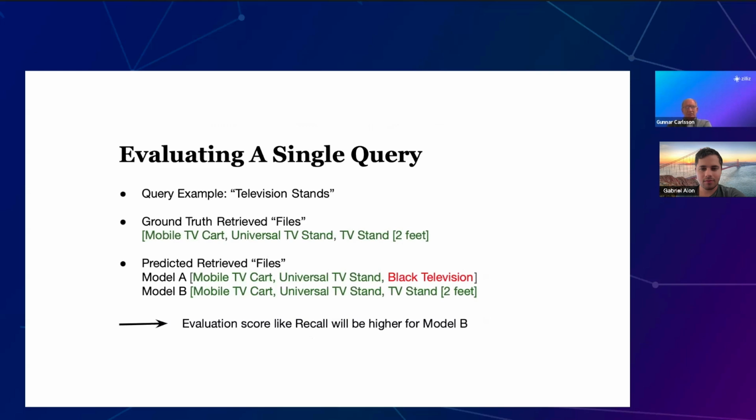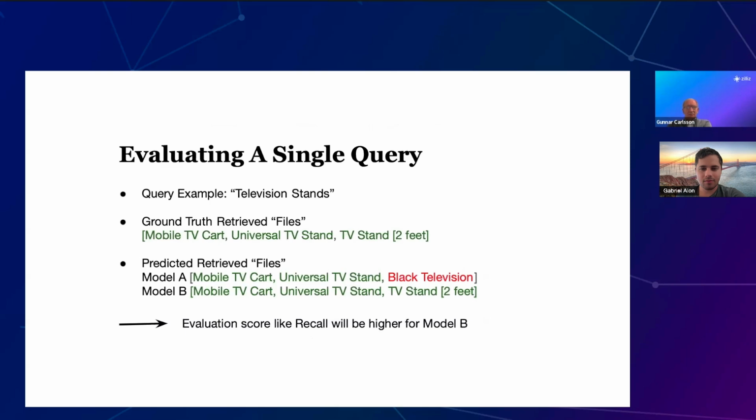To give some more context into how evaluations work, if you were to look at a single query, for example in our e-commerce case study, the vector database might take in a query like "television stands." Somebody's looking for this kind of product, and the vector database is helping recommend products for that query.